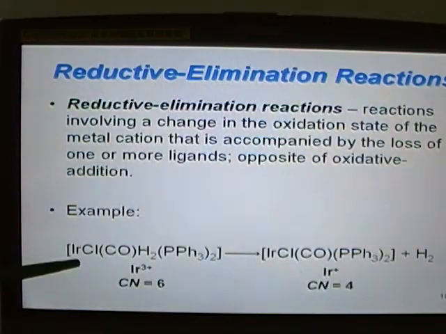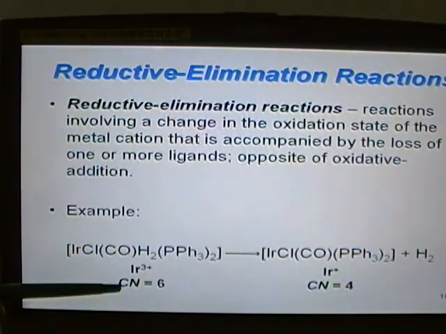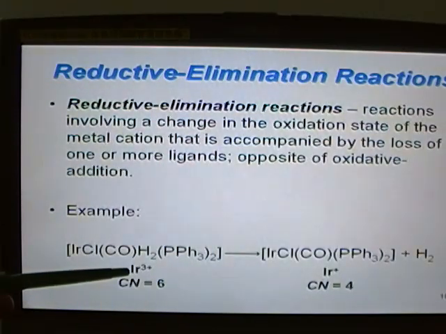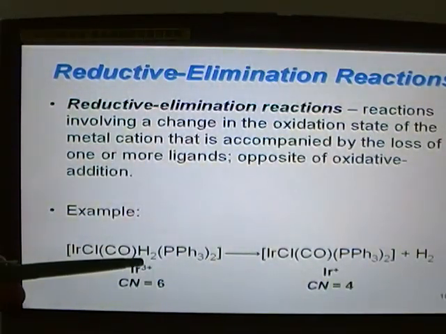So the example we have here is IrCl(CO)H2(PPh3)2. This compound has a coordination number of 6, and the oxidation state of iridium is 3+. And I want to explain why it's 3+. Each of the hydrogens here has a 1- charge.